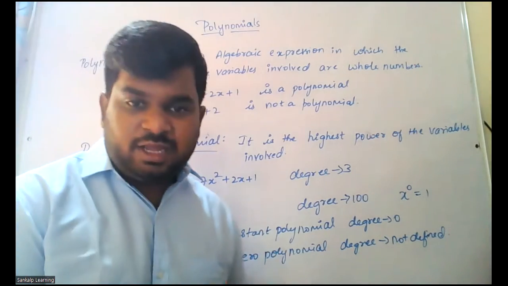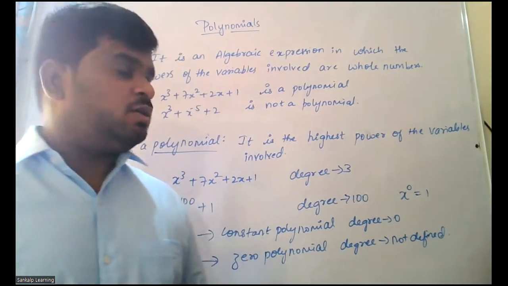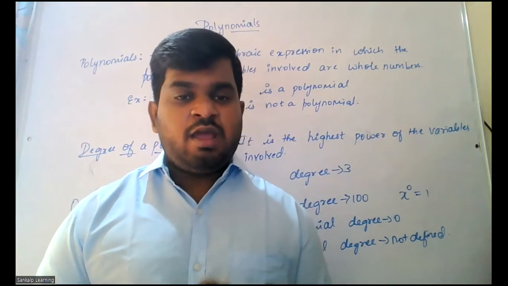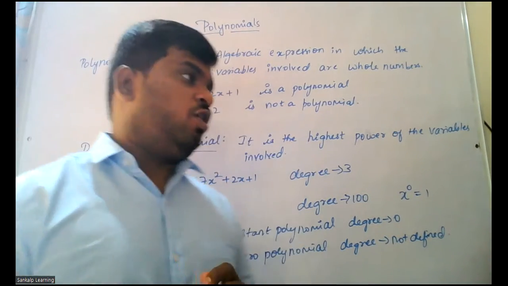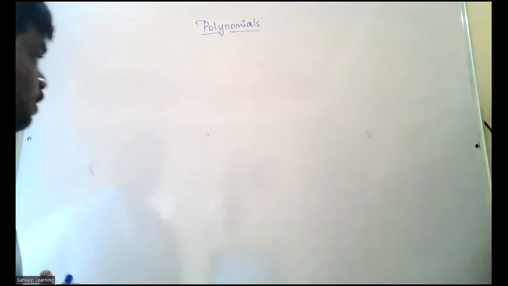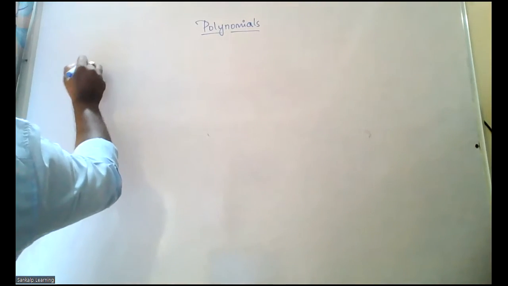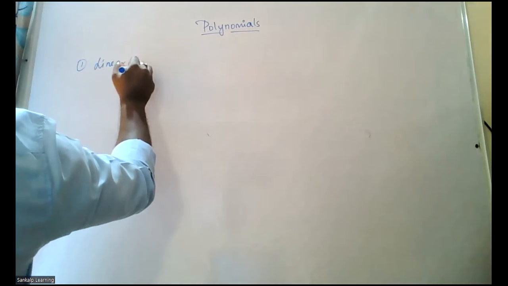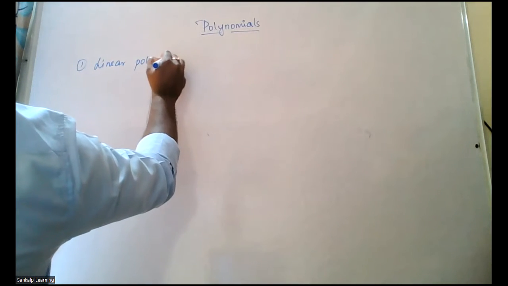Now, based on the degree, we can classify the polynomials. If the degree of a polynomial is 1, we call it a linear polynomial. Okay, let me erase it and write it properly. So first one, linear polynomial.